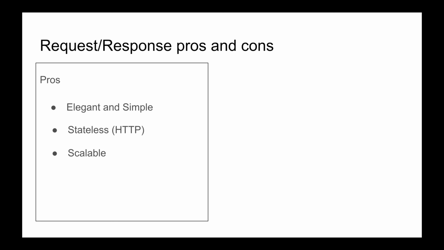I hate putting it there, but I have to put something in the pros section. Scalable here means that it is scalable at the receiver end, where you can duplicate the receiver if it has the same functionality, and you can scale it easily, right? Because it just makes the same request.